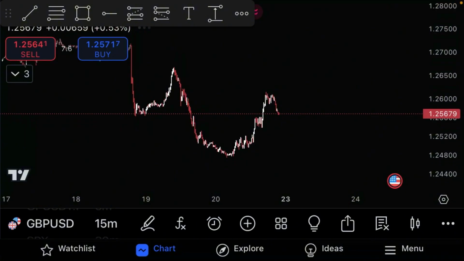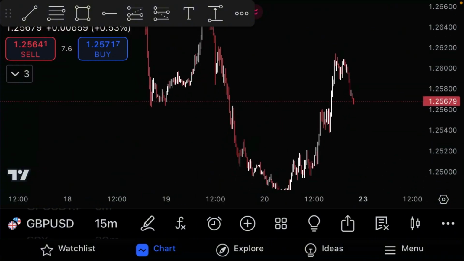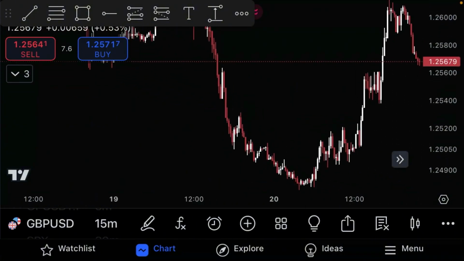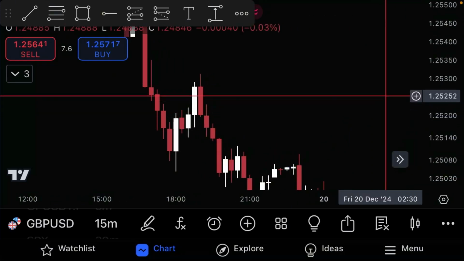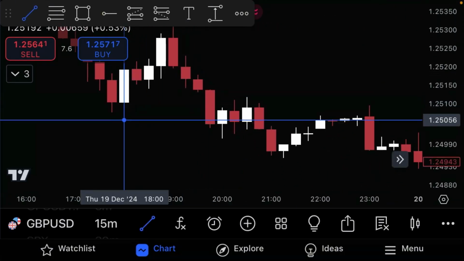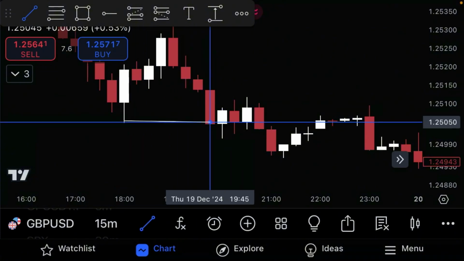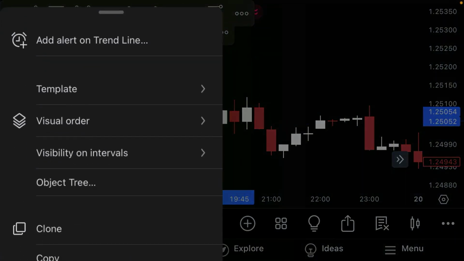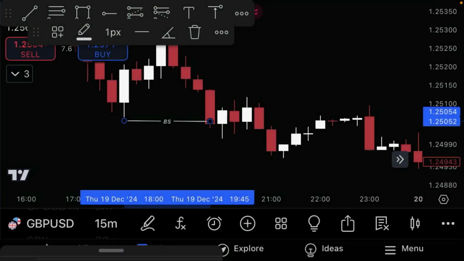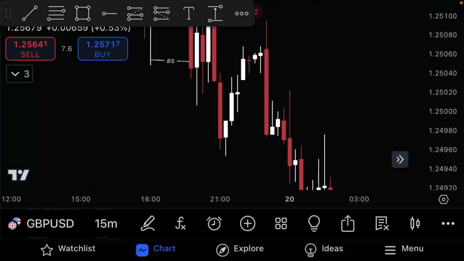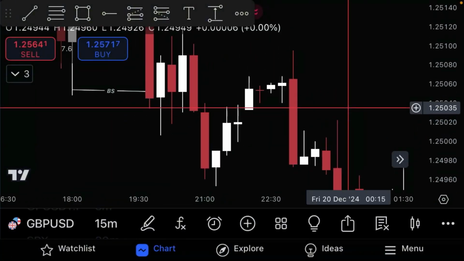Now on this 15-minute time frame, let's say that we've got a break of structure at this level. We identify here as a break of structure, a bearish break of structure. Then we're looking for more characters in the market.